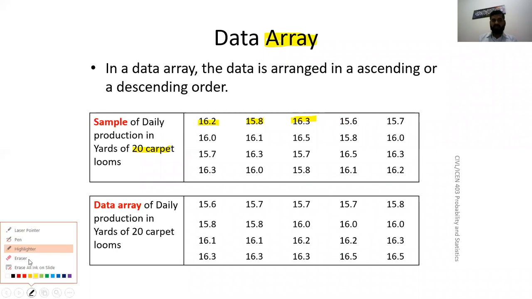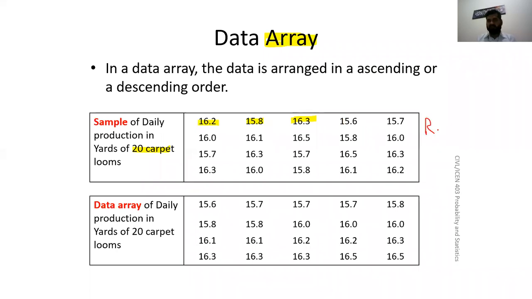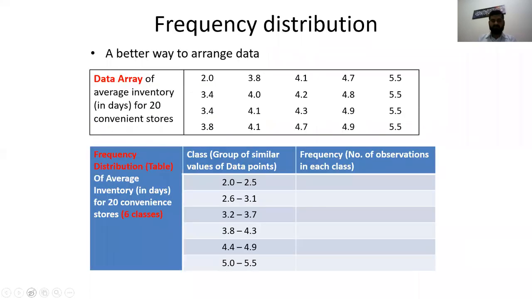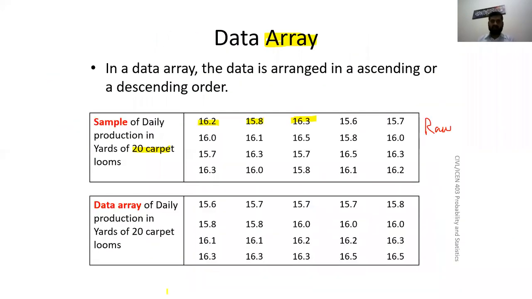But if we arrange it in descending or ascending order, then we will call it a data array. Here it is. So this is my data array. Now you see we are writing it in ascending order.